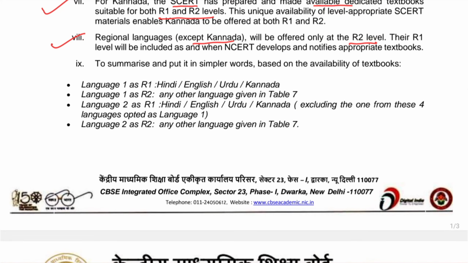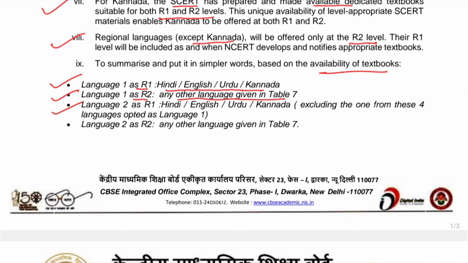Now again they have given the summary of all the points based upon the availability of textbooks, like language 1 as R1 any one of these four, then language 1 as R2 any other language which is given in table number 7, which I have already shown you.